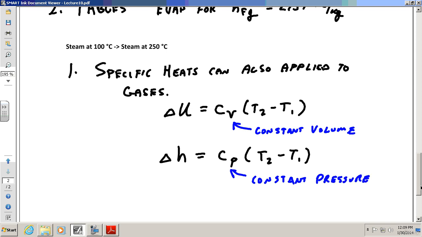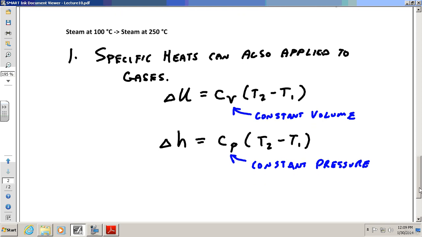If we have a truly closed system that has steam and we want to know its change in internal energy, you can use C sub V. If it's in a flow situation, like most cases will be, you're going to use C sub P. So you're going to use C sub P more than C sub V, but you're going to use them both. Okay? And so that's how you can do that in this case.